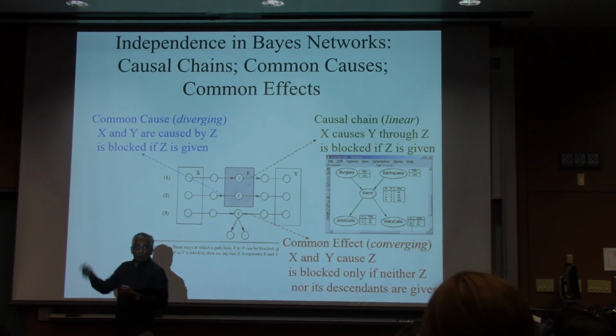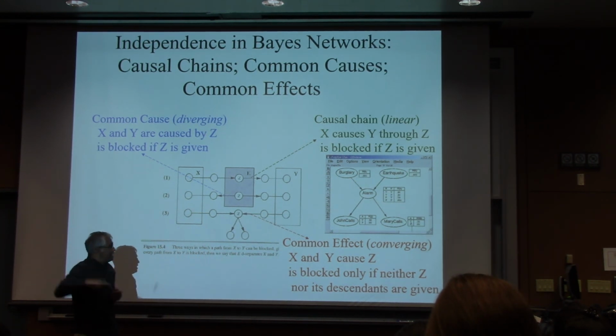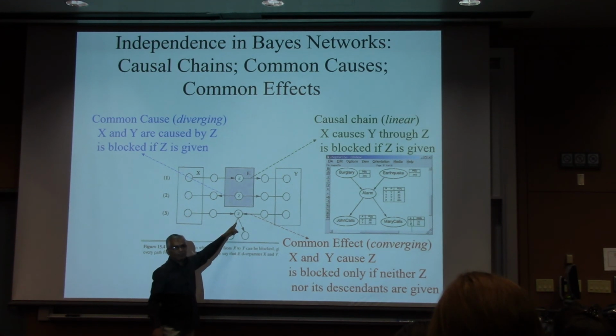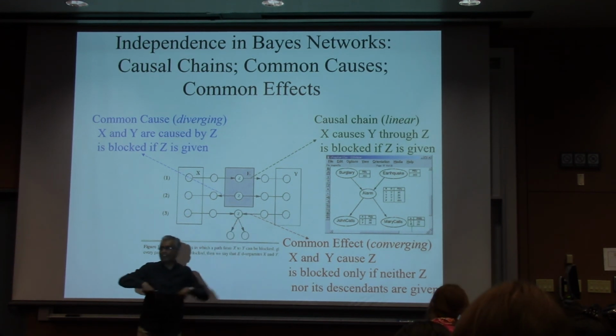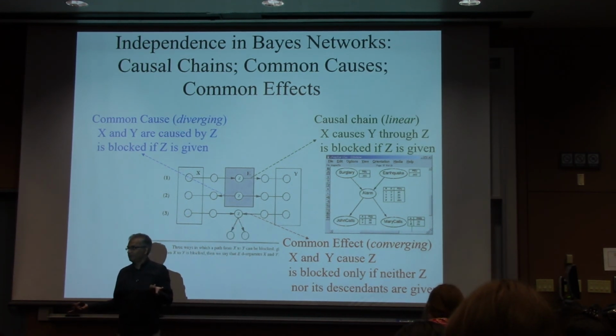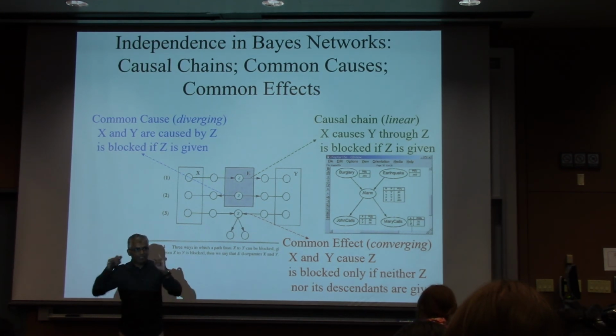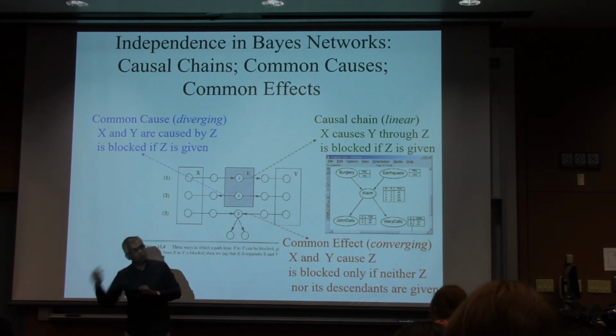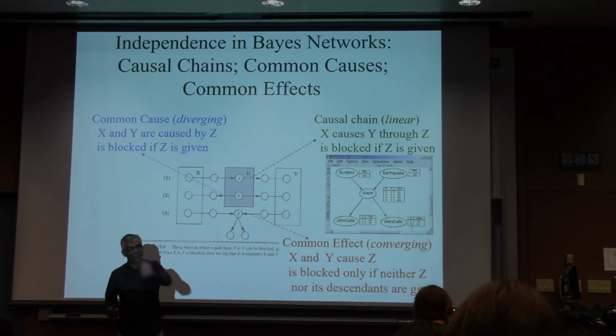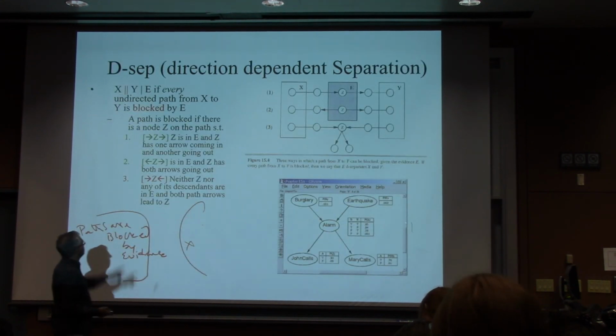Such a path is blocked only if Z is not present in the evidence. If it is present in the evidence, the path is not blocked. You get this? If it is not present, then it is blocked. That's the rule.